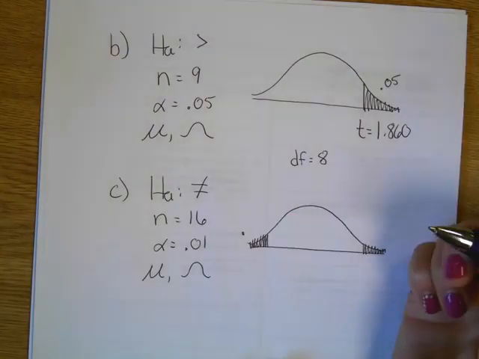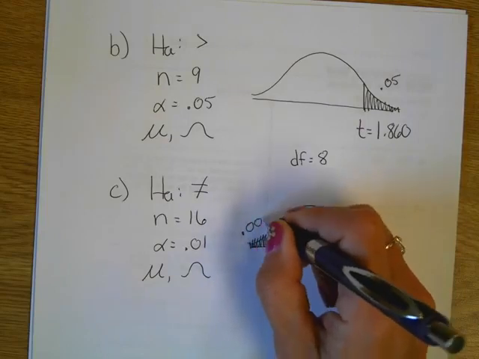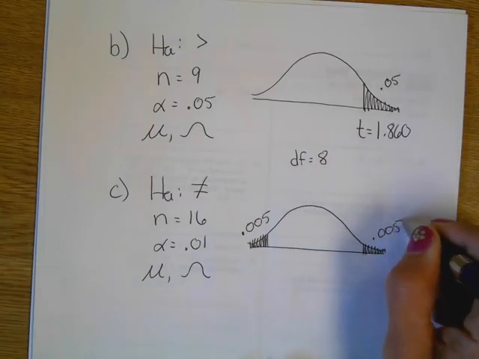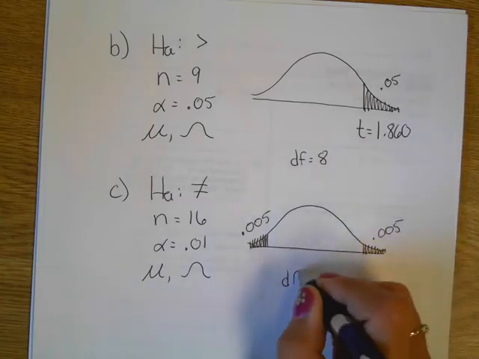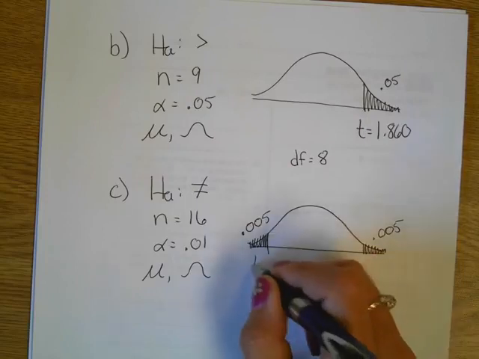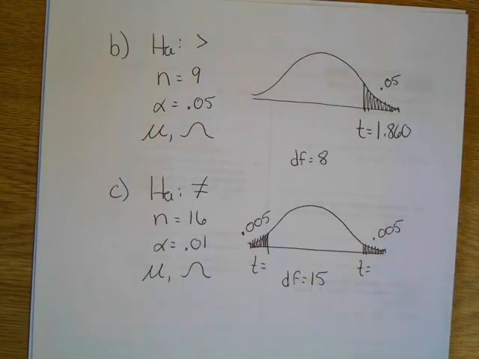What's going to be in each tail? 0.005. df is 15. What are you thinking there? Let's see.